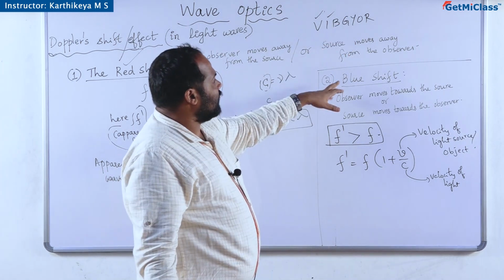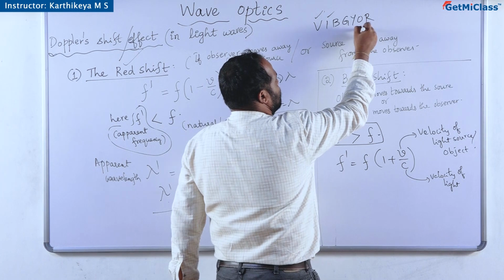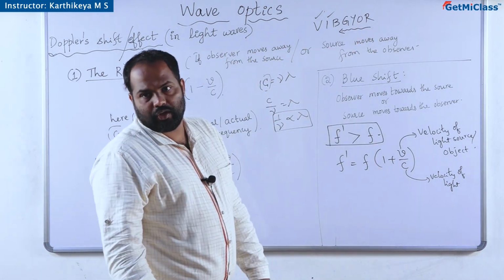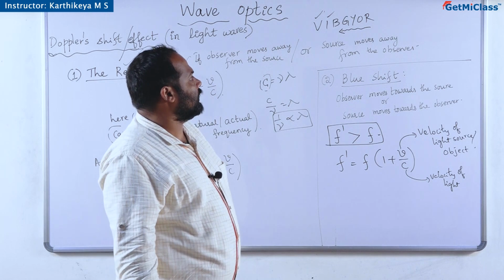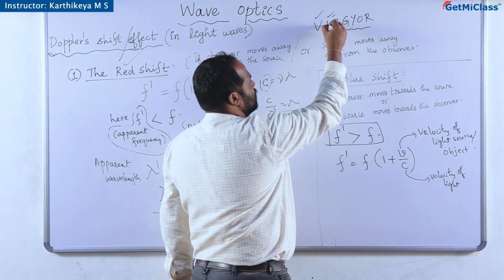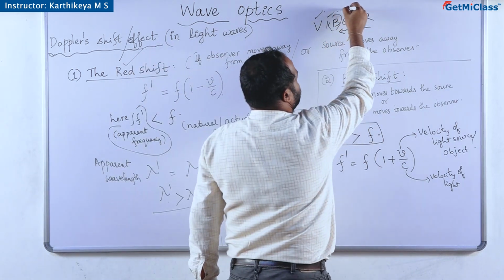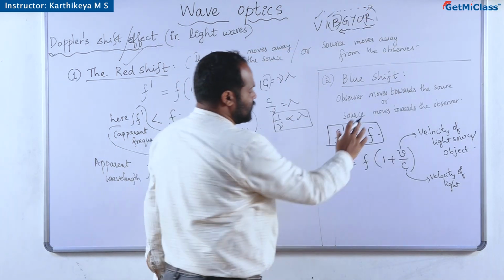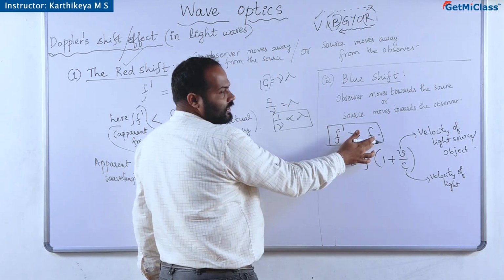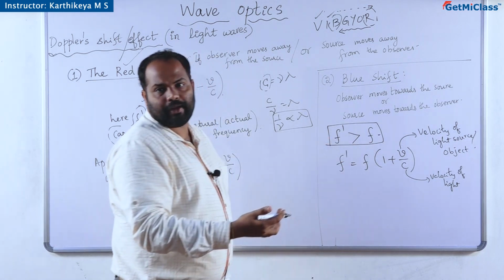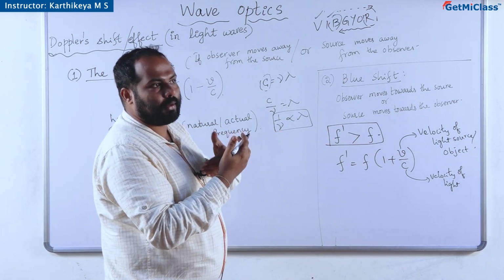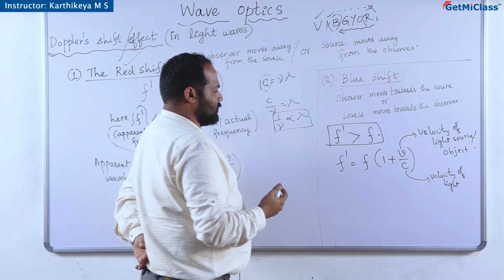That is why you are moving towards higher frequency, lesser wavelength, that is, towards blue. If you are moving towards higher wavelength, then the shift is red. So when is the apparent frequency greater than the actual frequency? When the observer is approaching the source of light or the source is approaching the stationary observer.